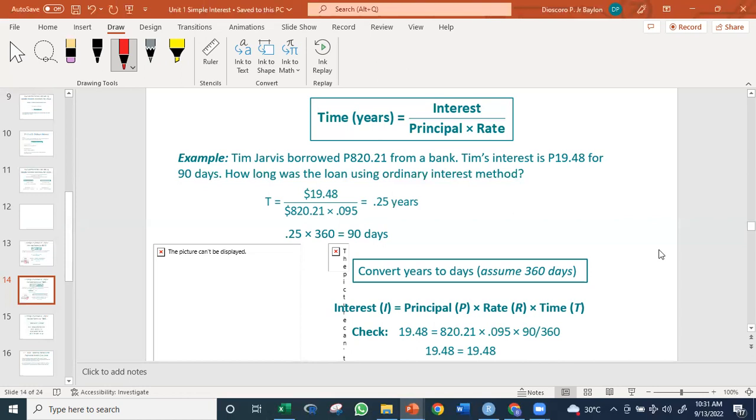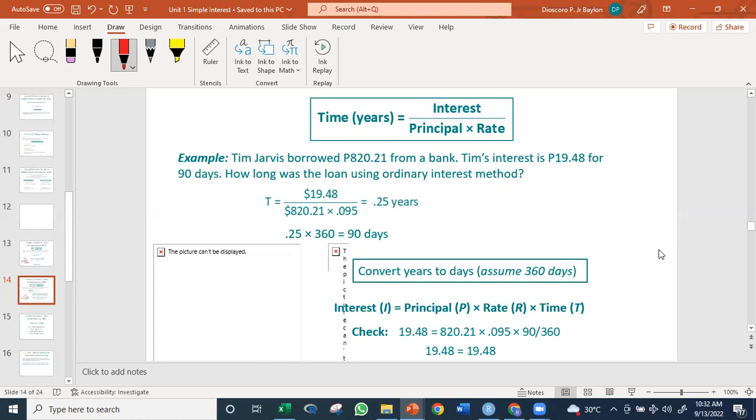Okay, so far what we have done is to learn how to compute for the exact interest rate. We also learned how to compute for the ordinary interest rate. We have learned how to compute for the maturity value by adding the principal and the interest. We also learned about the combined formula for maturity value, which is principal times 1 plus RT.